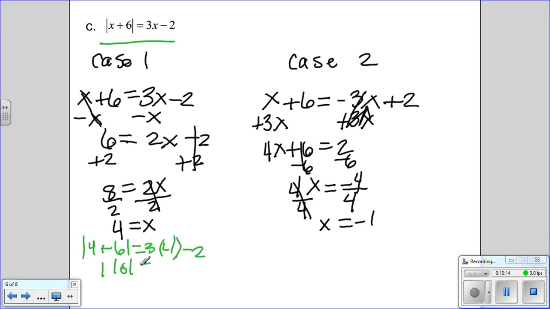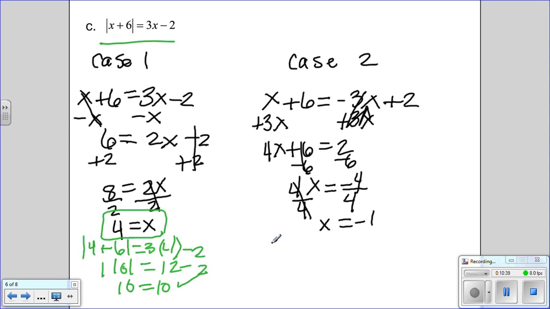And on the right side, 3 times 4 is 12, so I've got 12 minus 2. Okay, what do we have here? The absolute value of 10 is 10, and 12 minus 2 is 10. So this one works. The equation is true when x equals 4. That's a solution.